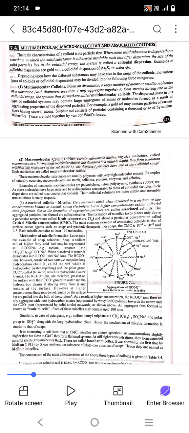The formation of micelles takes place only above a particular temperature called the Kraft temperature and above a particular concentration called the critical micelle concentration. The most common example of an associated colloid is soap, whose critical micelle concentration is 10 raised to the power minus 4 to 10 raised to the power minus 3 mole per liter. Each micelle contains at least 100 molecules. Thank you.